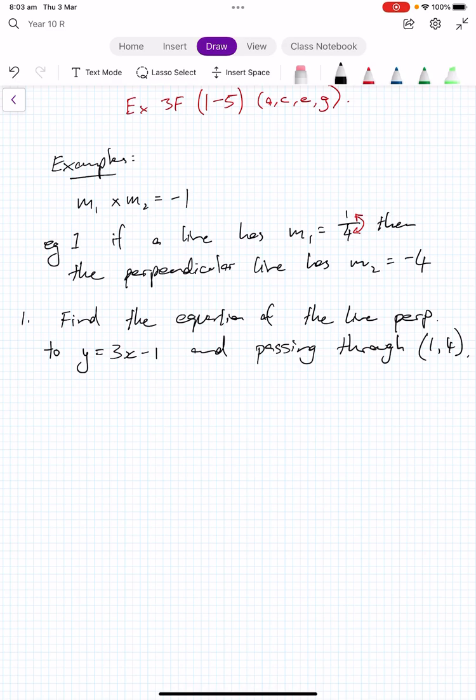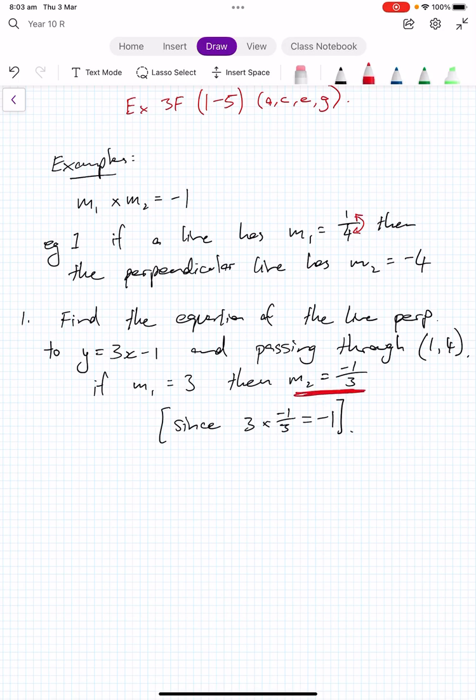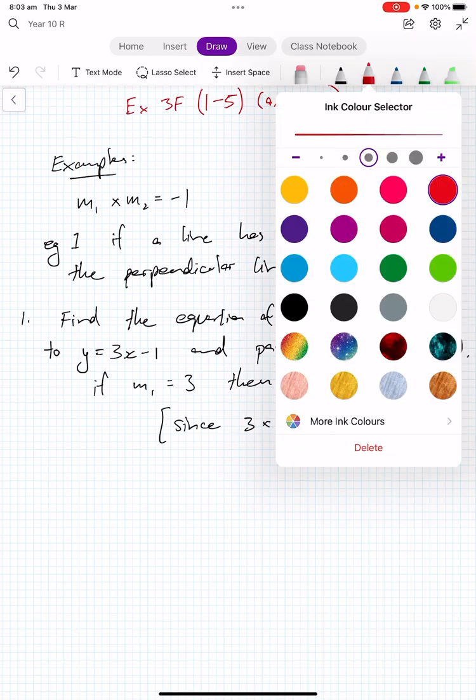So if M1 is equal to 3, then my other line, M2, would be equal to -1/3. I put in brackets here, since 3 times -1/3 is equal to -1. That's why I'm choosing this value, -1/3.